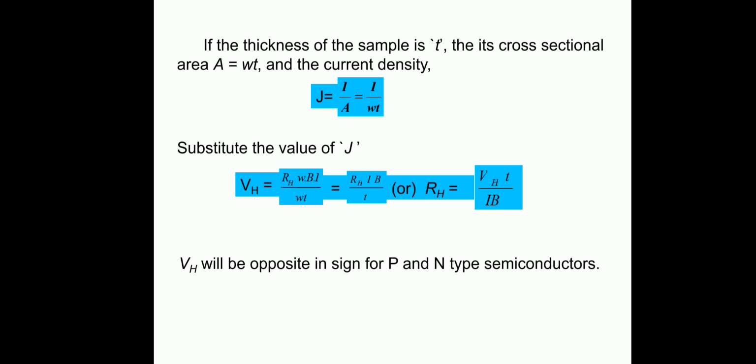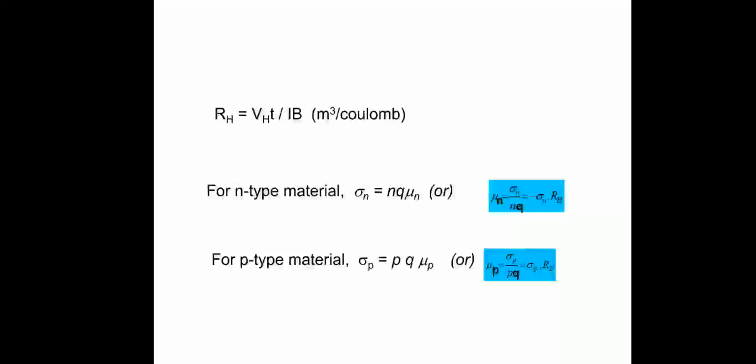Then V_H will be opposite in sign for P and N type semiconductor. So we can write the expression for Hall coefficient as V_H t by I B meter cube per coulomb, and this V_H is the Hall voltage, t is the thickness of sample, I is the current, and B is the magnetic flux density. Similarly, we can also find the conductivity or mobility for the N-type material as well as P-type material if we know the Hall coefficient.